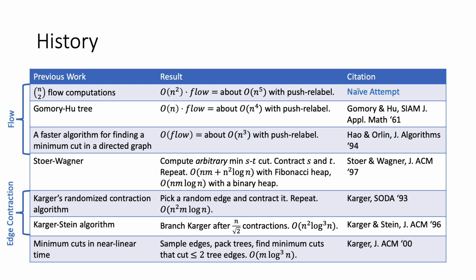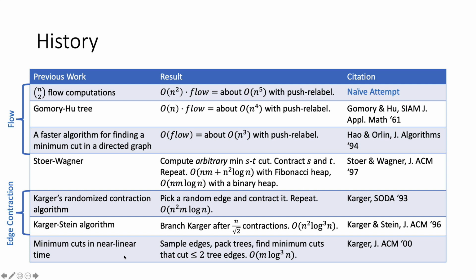Okay, and this algorithm was improved by Karger and Stein in '96. Basically the idea is that the probability of contracting the minimum cut is higher towards the end of the algorithm, so we can branch the algorithm and spend more time at the later iterations. This actually ends up producing about a factor of m.